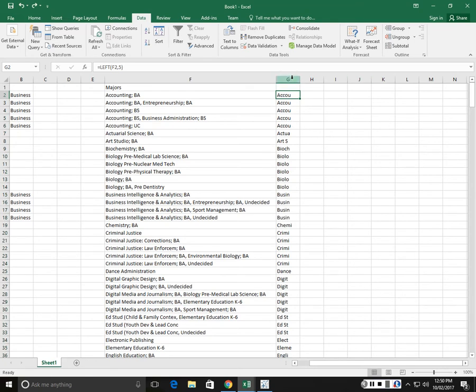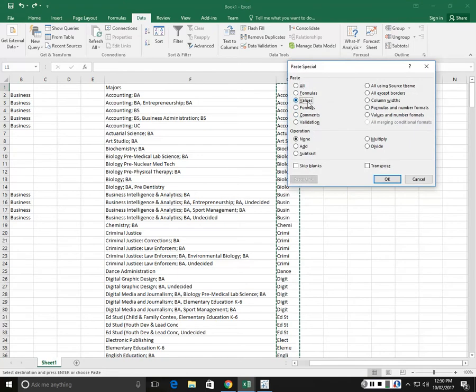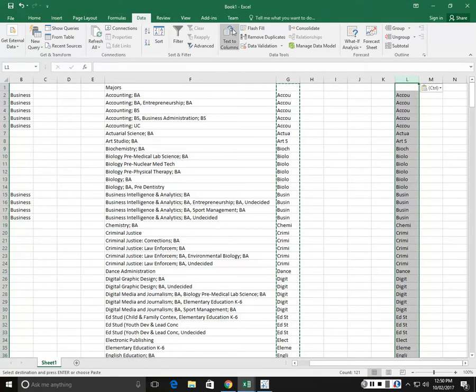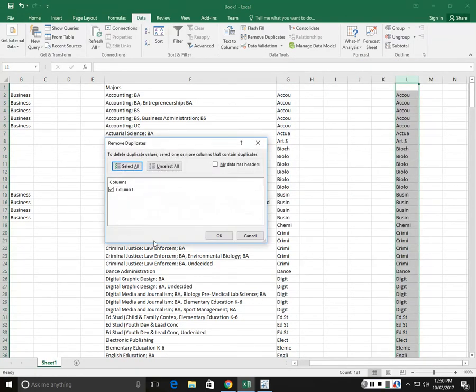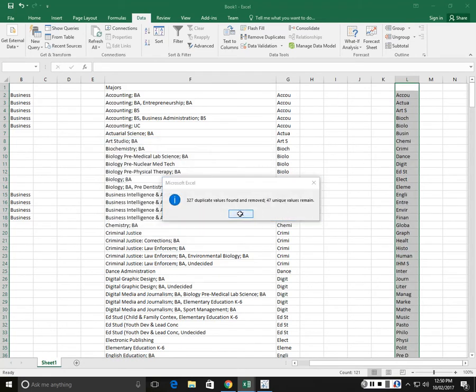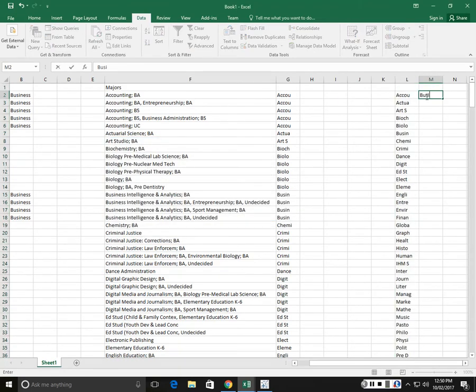That's math. But here's what I was after. Special values, remove duplicates. So now we've got 47 to work with. So we know this is business. Instead of doing 100 some, now we just keep going down.